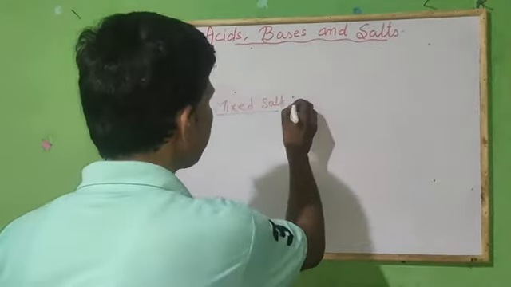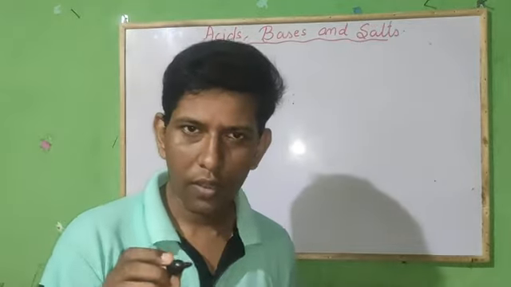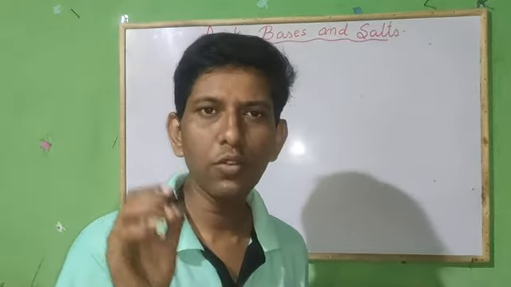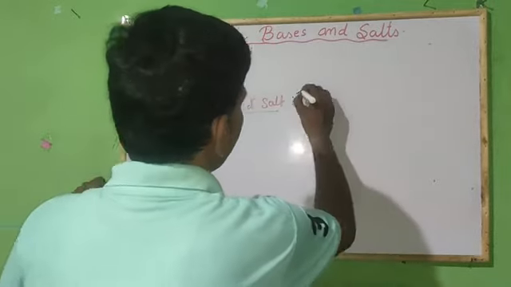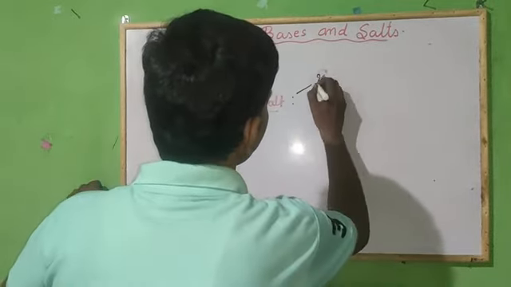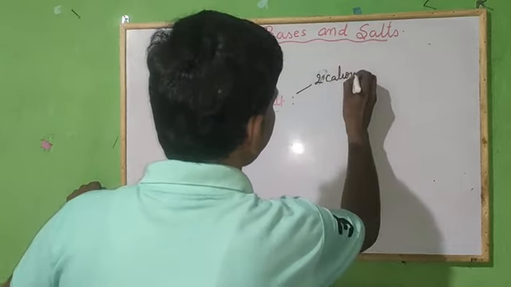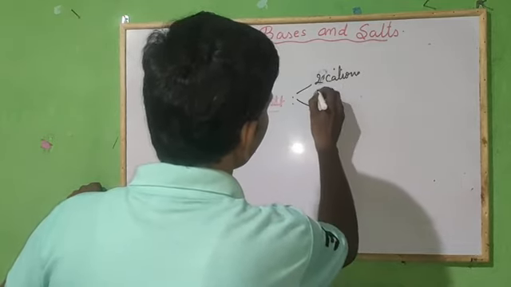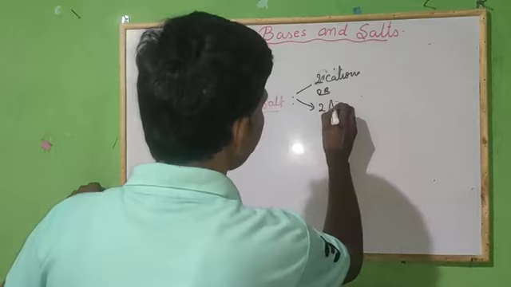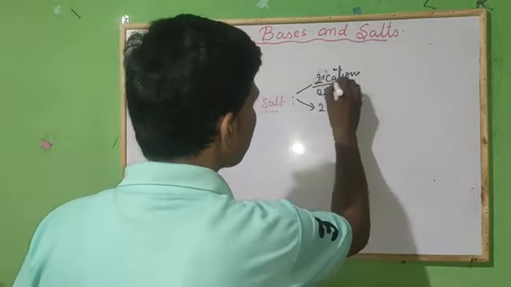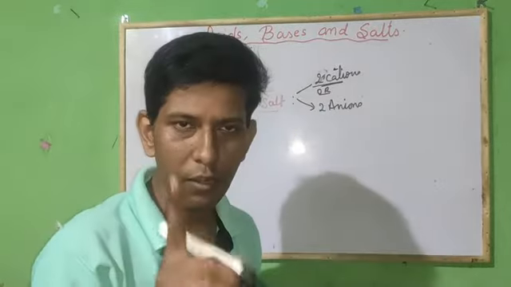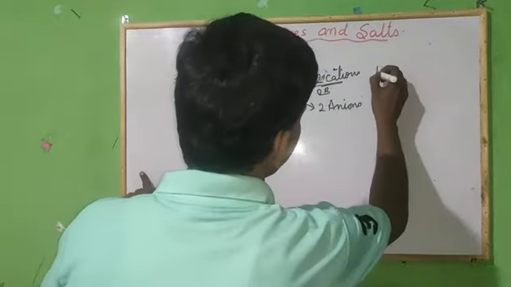See, dear children, mixed salt means a salt which has either two cations or two anions, but there is one condition. Two cations will be there or two anions will be there. Clear? But there is one condition. Out of these two cations, none will be H plus ion.